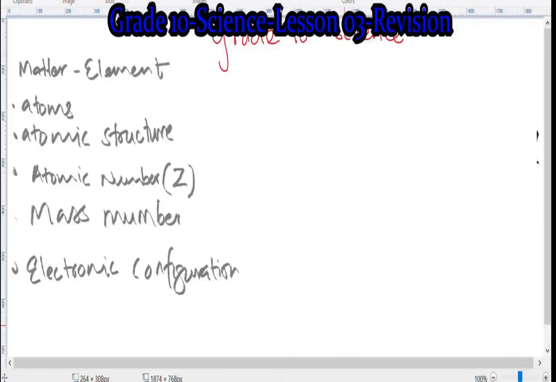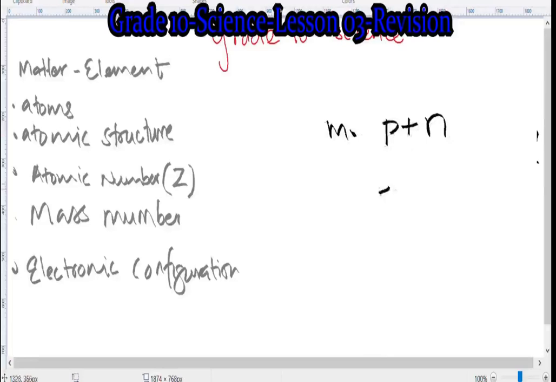So we learned about all of these electronic configurations. We wrote about the electronic configuration of each and every element, and then we drew the structures. We wrote about how many protons and neutrons there are. I hope you all remember that it's all interconnected, how we found one out of the other, because mass number is equal to protons plus neutrons.